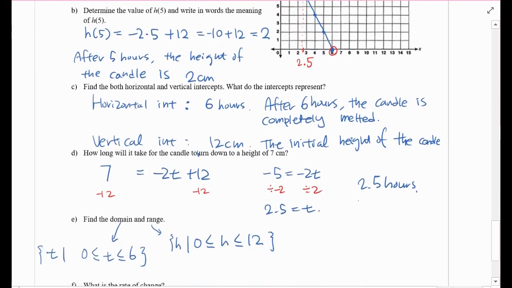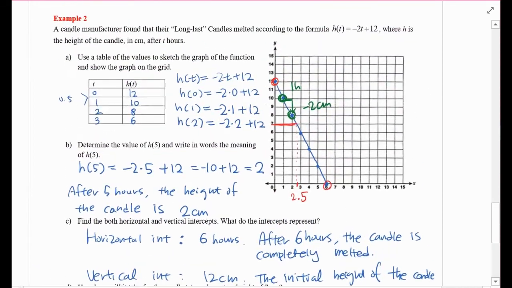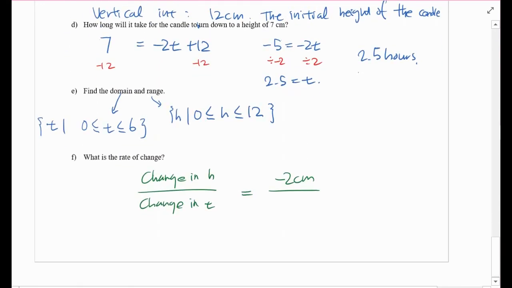So change in H over change in T. Change in H is -2, change in T is 1 hour. So -2 centimeters per hour. So it decreases by 2 centimeters each hour. Okay?